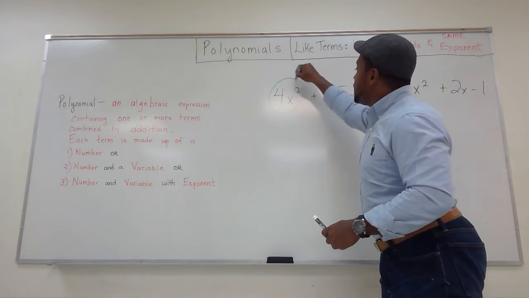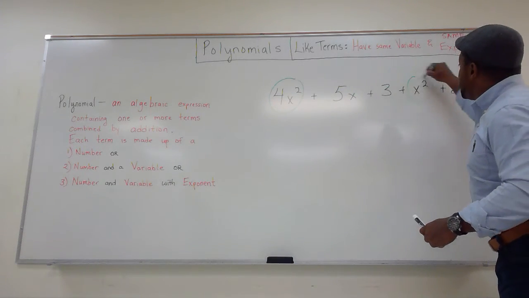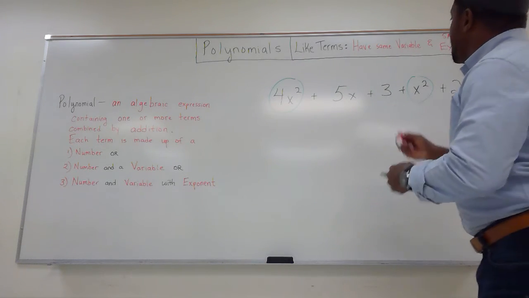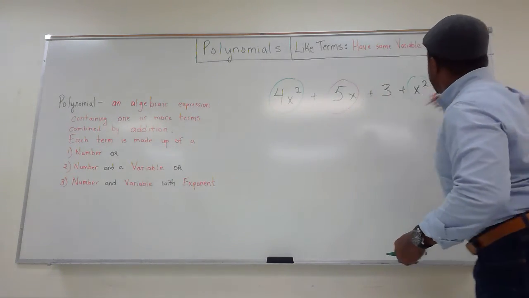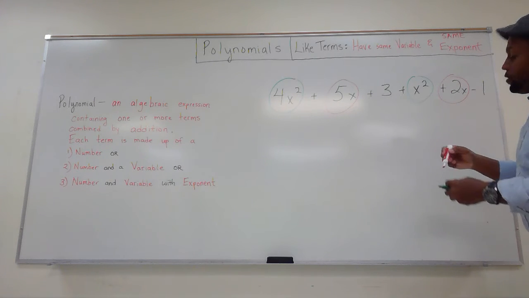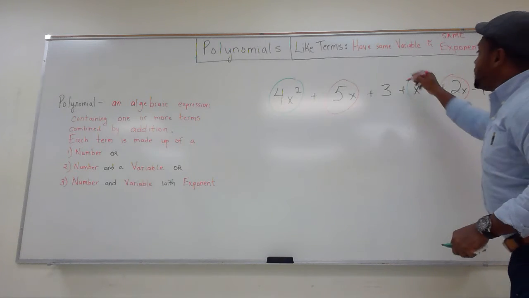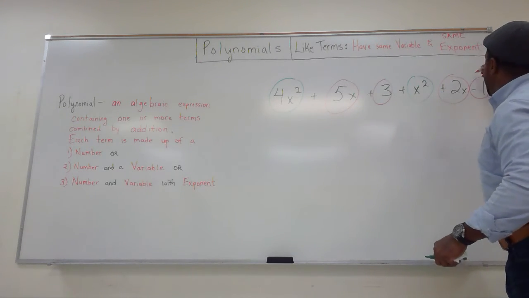So we have an x squared here, an x squared there, x here, x there, and we have this term here and there.